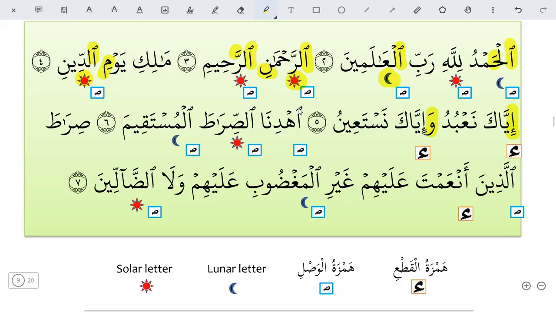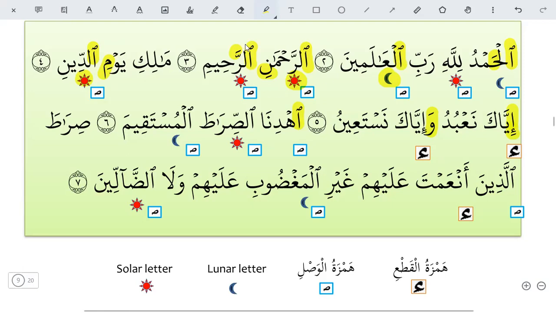But if it is in the beginning of the sentence, like Alhamdulillah, this Hamza is in the beginning of the sentence, so we will read it. And this Hamza in the middle of the sentence, we will not read it. Rabbil alamin. This Hamza we will skip because this is Hamzatul Wasl.